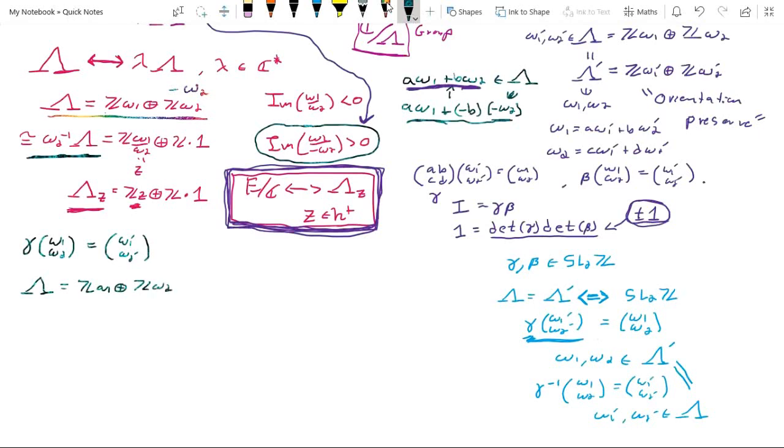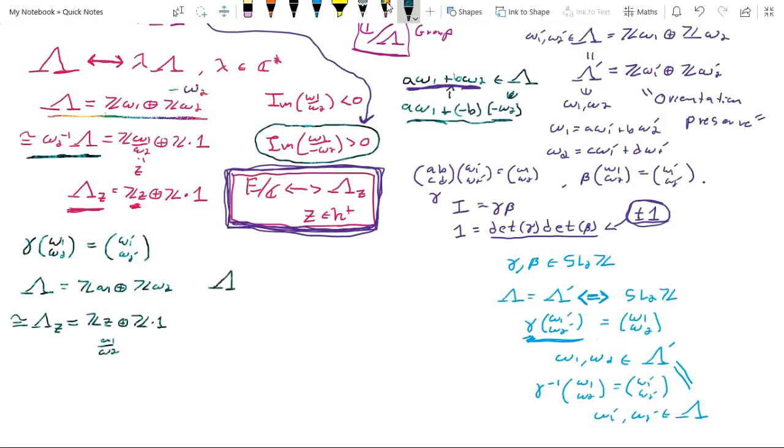Now, in the sense of complex elliptic curves, this is equivalent to the lattice lambda sub z, which is the integer span of just z and 1, where z is the quotient omega 1 over omega 2.